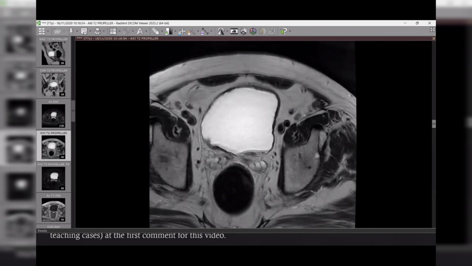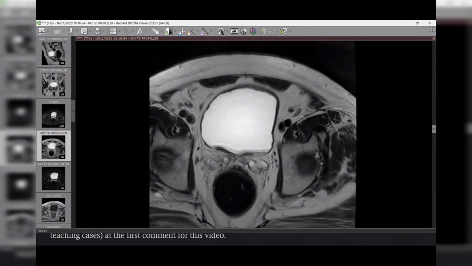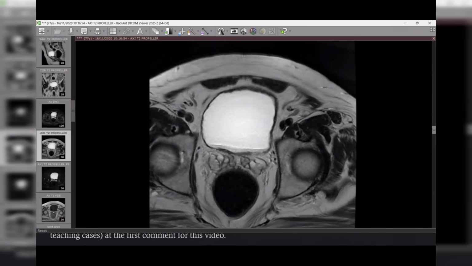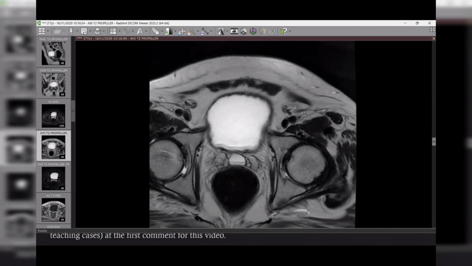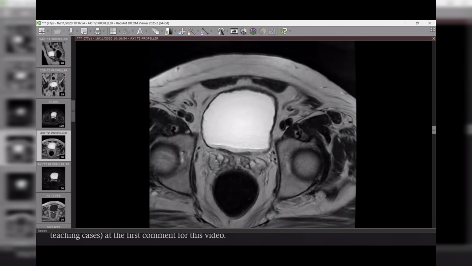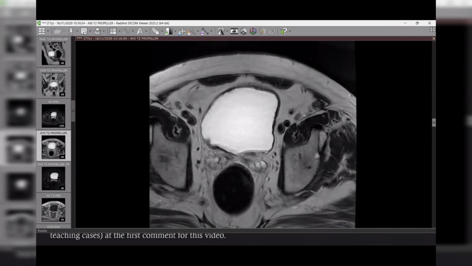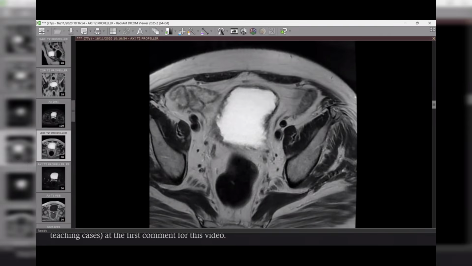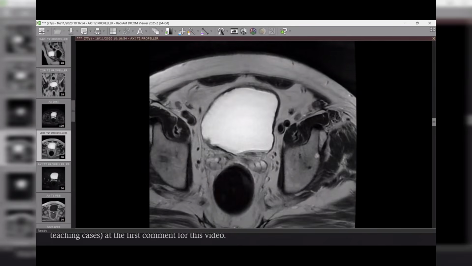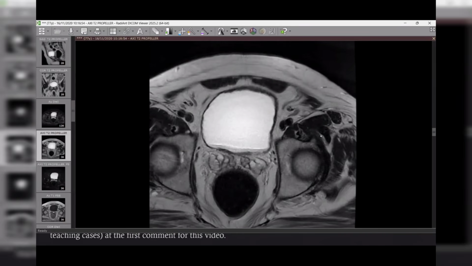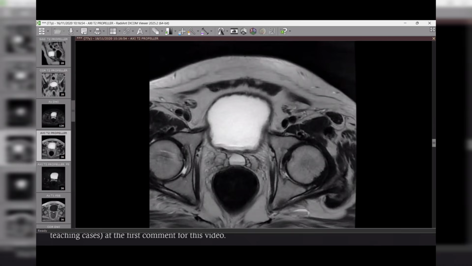There's also some layering of altered signal in the posterior aspect of the urinary bladder, although that might be due to motion artifact. I would confirm it on other images. I can also see some layering in the seminal vesicles.